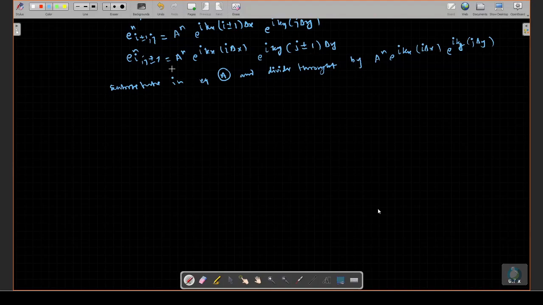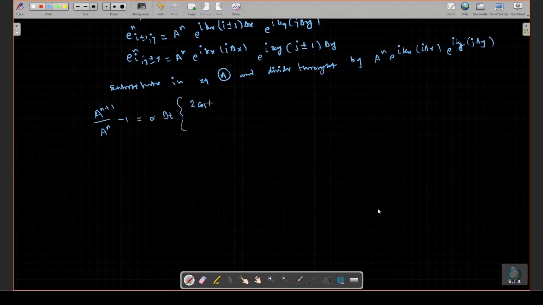So divide throughout by that. What you are going to get is A_(n+1) divided by A_n minus 1 equals alpha Δt, and you will get it like this.